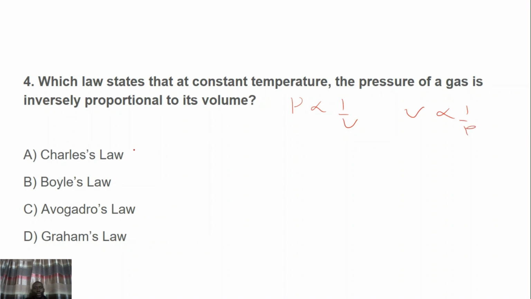So which law states this? A. Charles' law. This is not true, because Charles' law states that the volume is directly proportional to the temperature, or temperature is directly proportional to the volume.